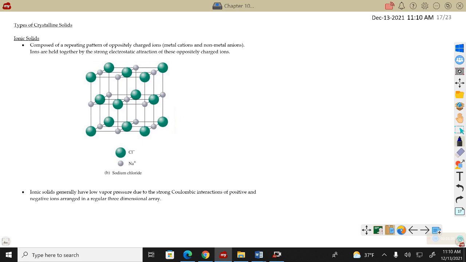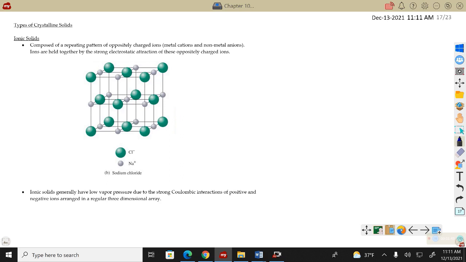Speaking of crystalline solids, the top solid that comes to my mind is an ionic solid. Ionics have this very organized repeating pattern of oppositely charged ions. You've got your positive metal cation, your negative non-metal anion, and a very organized crystal structure.